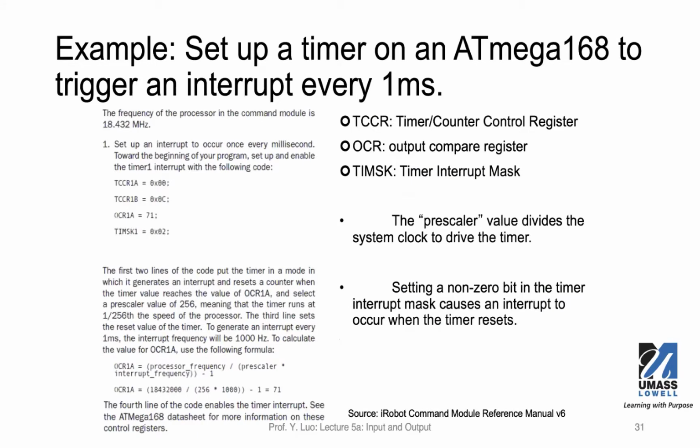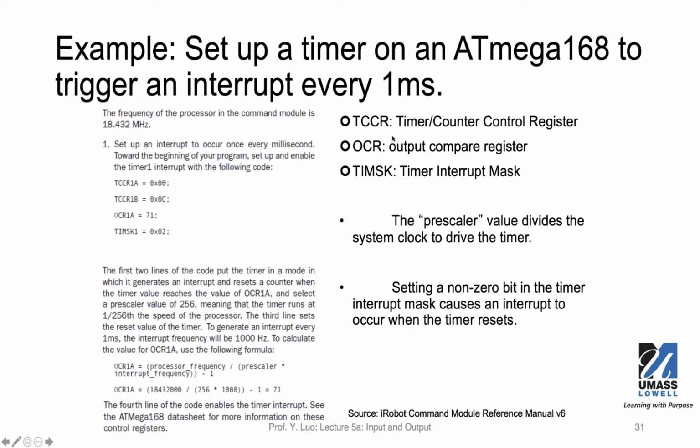Let's use this microcontroller ATmega168 to show you how we can set up a timer to trigger an interrupt every 1 millisecond. So we'll first look at some of the registers we'll use in this procedure. This TCCR is the timer counter control register.